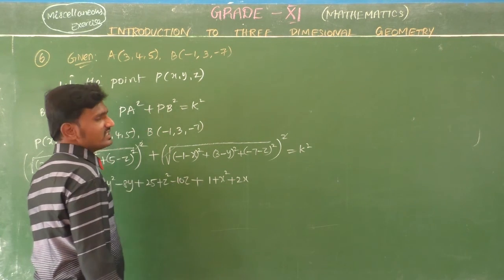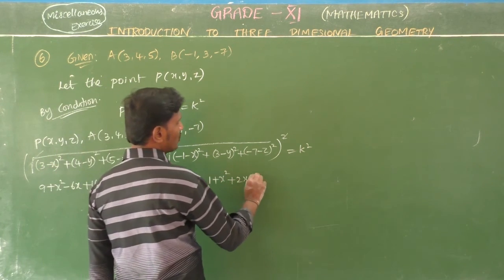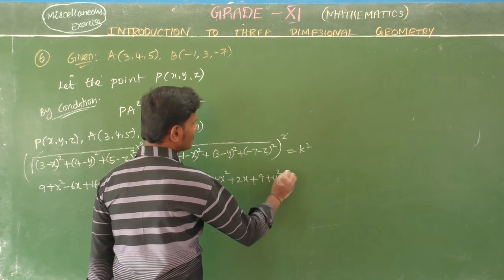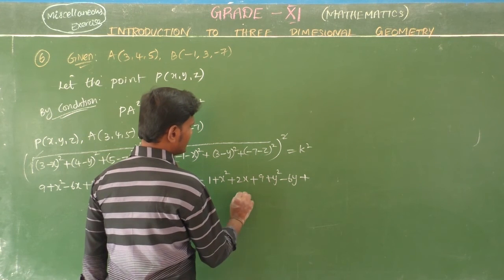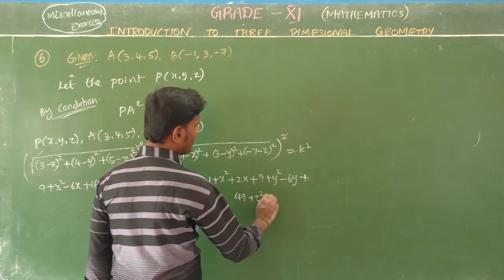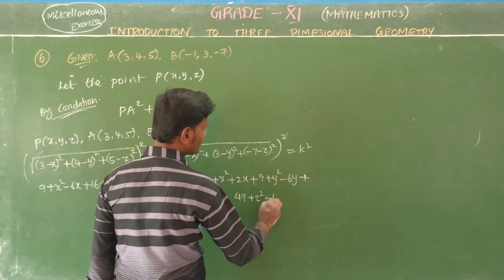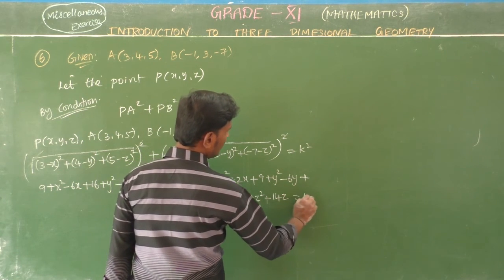Okay, that is a plus b the whole square. Here a minus b the whole square is 3 square 9 plus y square minus 6y, then plus 7 7s are 49 plus z square plus 14z equal to K square.